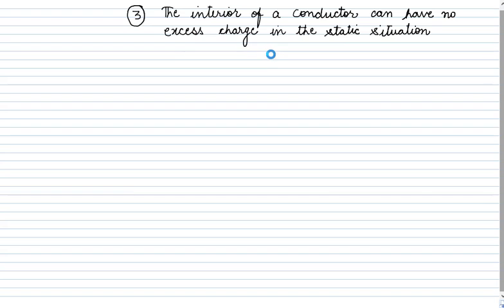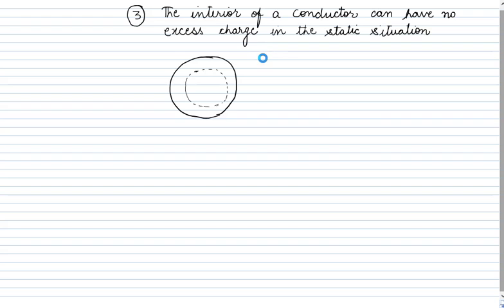So if we go in the interior of a conductor, say this is a conductor, we can take any point over here, and if this is a metallic conductor, then all these are interior points. So the interior of a conductor can have no excess charge if this is in the static situation.